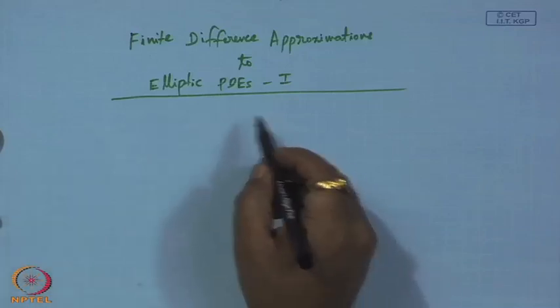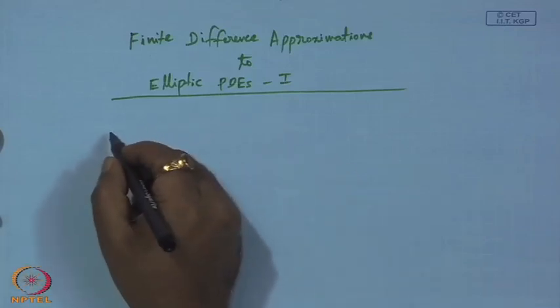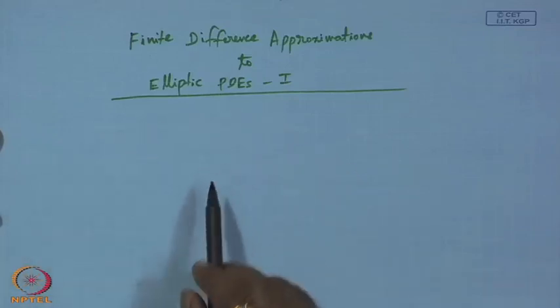Now, when we say elliptic PDE, the more general partial differential equations are like the Laplace equation. Typical of this is that it depends completely on spatial coordinates, not on the time variable.